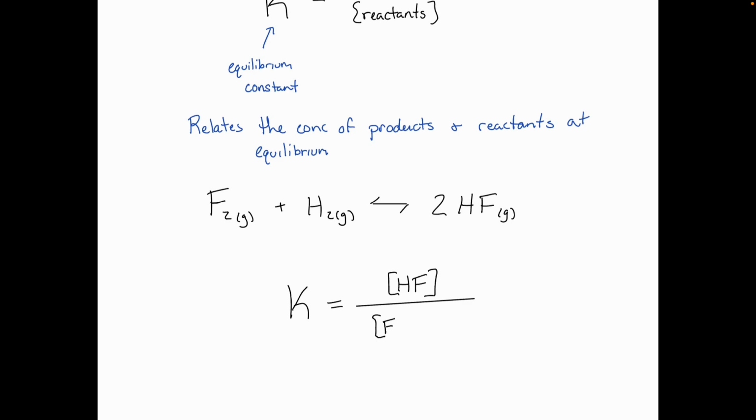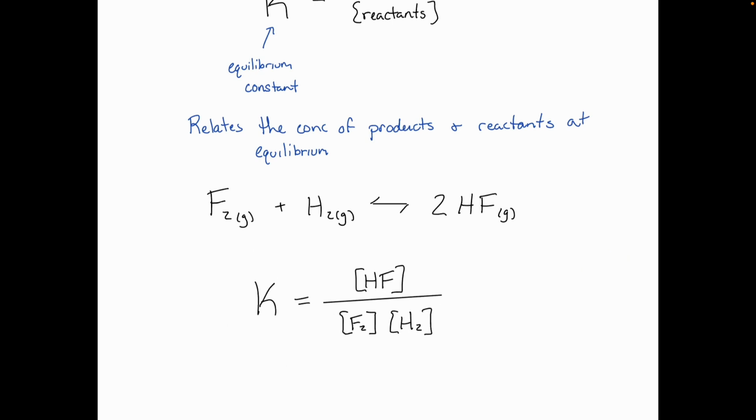So in this case, I have F2 and H2. All right, so before we go on, just convince yourself that we indeed have our concentration of products over our concentration of reactants. What's up?